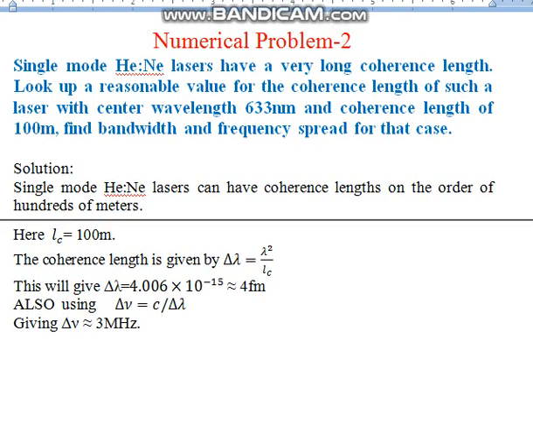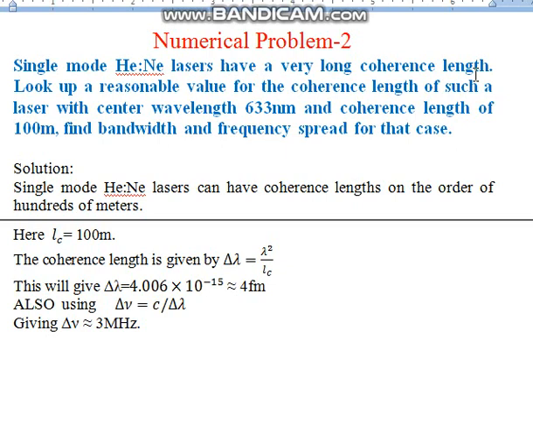Now the next problem. A single mode helium neon laser has a very long coherence length. We have discussed in the previous video lecture that lasers produce highly coherent light, and in the case of a laser the coherence length may be 100 meter or a few kilometer, or more.